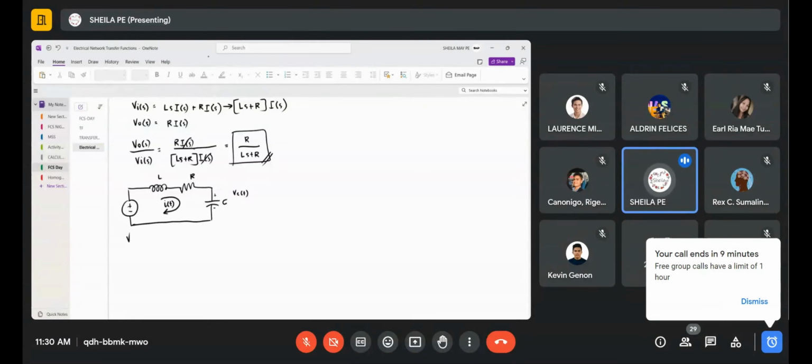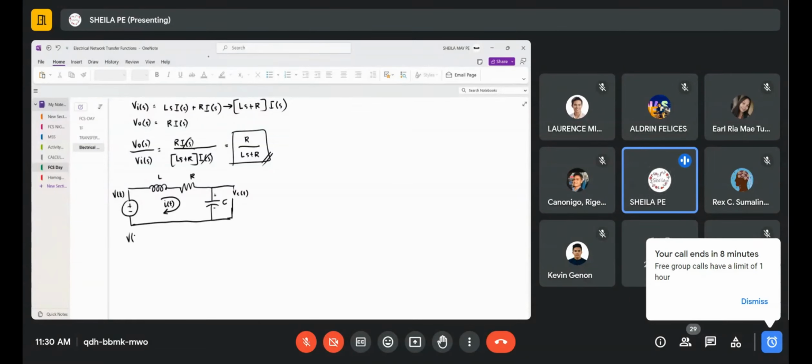This is the input, this is V(t). And this is the output taken across our capacitor, so we name it V_C(t), because we are taking the output across our capacitor.